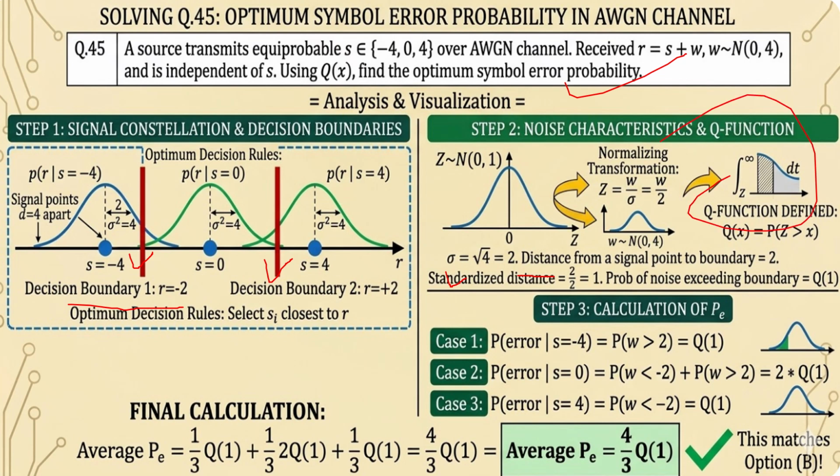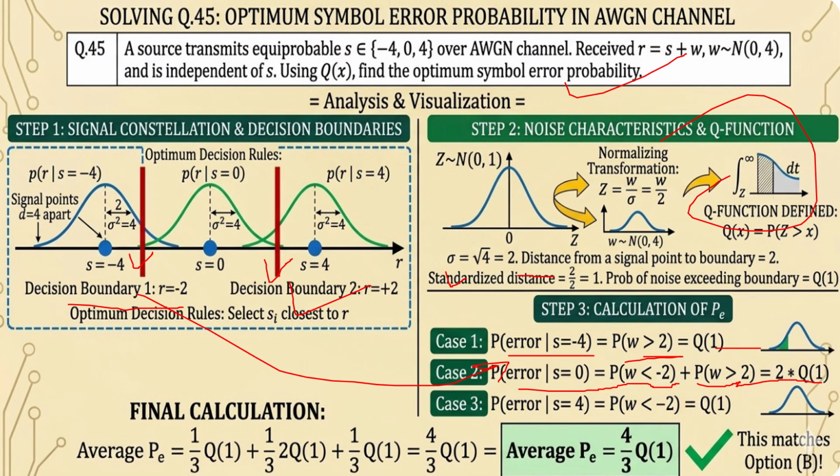So case 1 here, for this case we can calculate the probability of error, that is P of W greater than 2. For this case, that is Q of 1, and if it is P of error when S equal to 0, in this case P of W less than -2 plus P of W greater than 2.